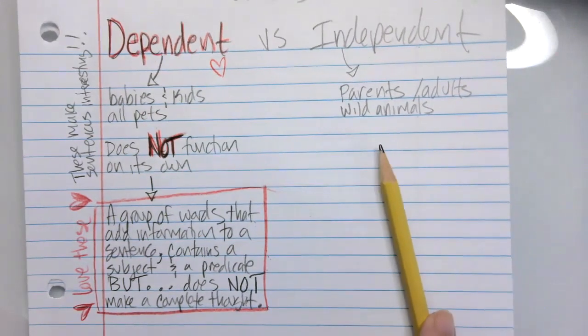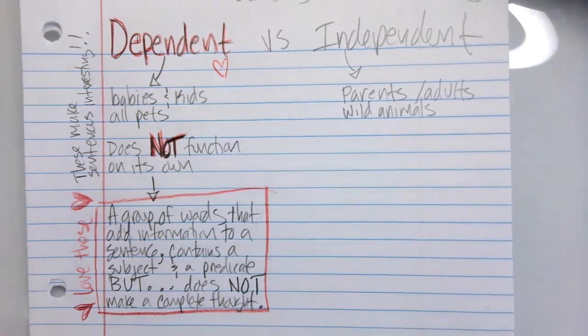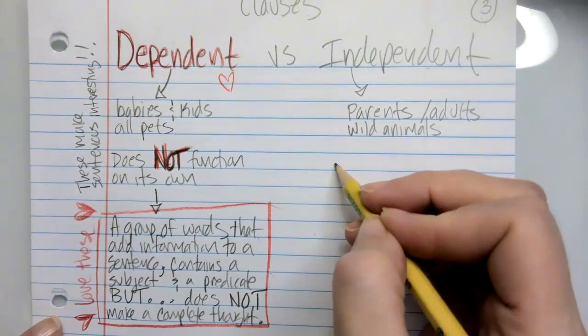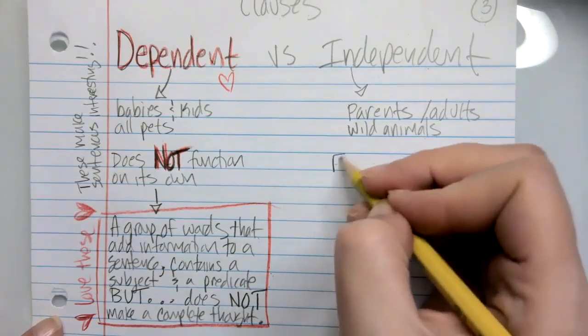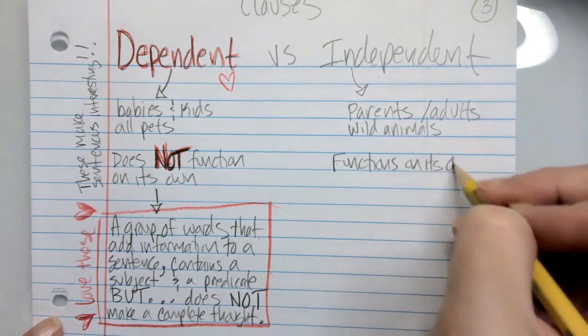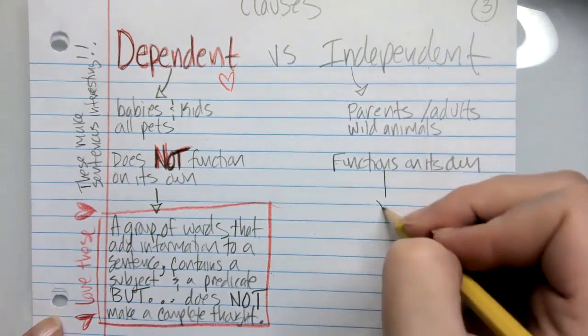These ones that do stand alone, they do function alone, okay? So we're going to come down here. We're going to try to stay in line with our formatting, and we're going to say functions on its own. And then we're going to draw an arrow down.